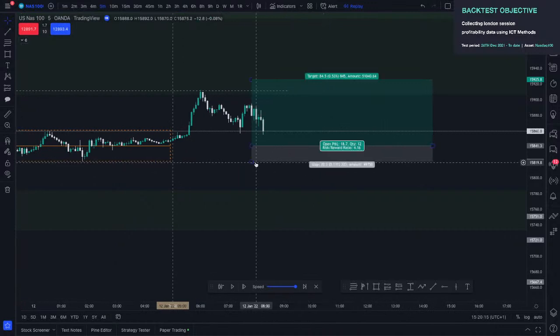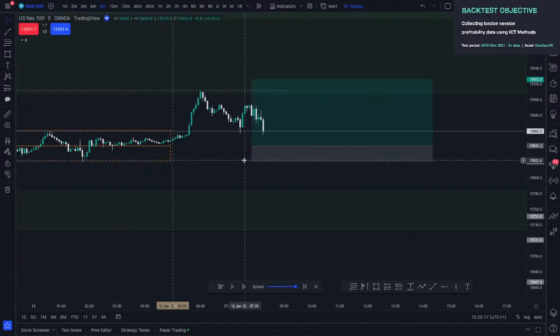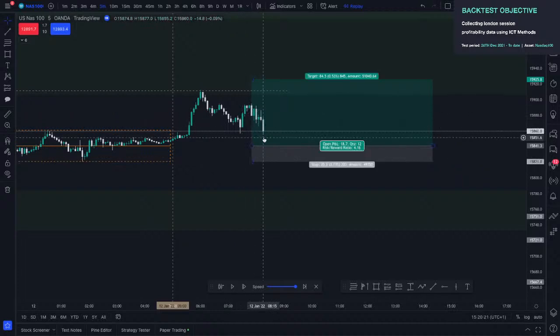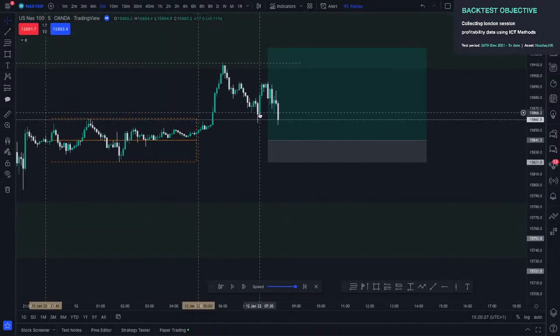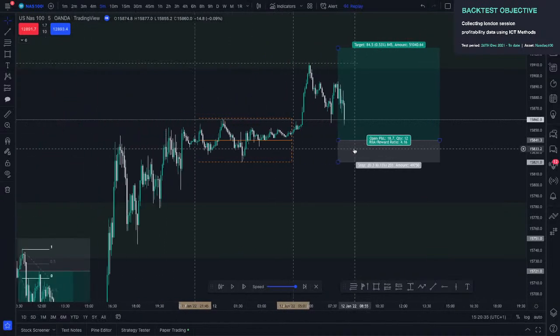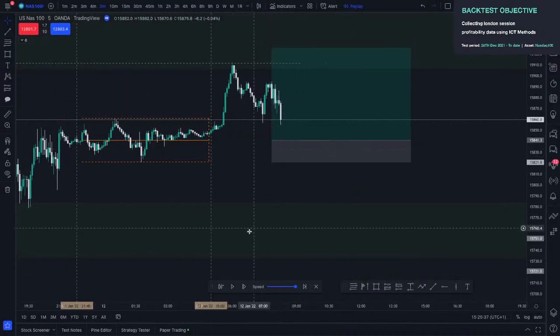What is 7:30 doing? This is 7:30. We opened, we manipulated to the downside, and then we're going up. So this is a sell stop manipulation of 7 in the morning, 7:30 opening. So I think it's going up. I don't know how far though, but I think it's going up. Let's see.